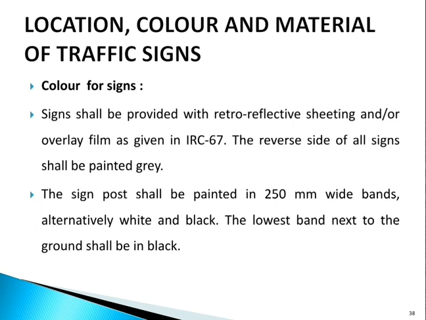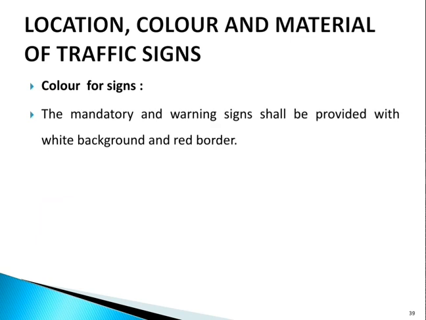The sign posts shall be painted in 250 mm wide bands, alternately white and black. The lowest band next to the ground shall be in black. The mandatory and warning signs shall be provided with white background and red border.